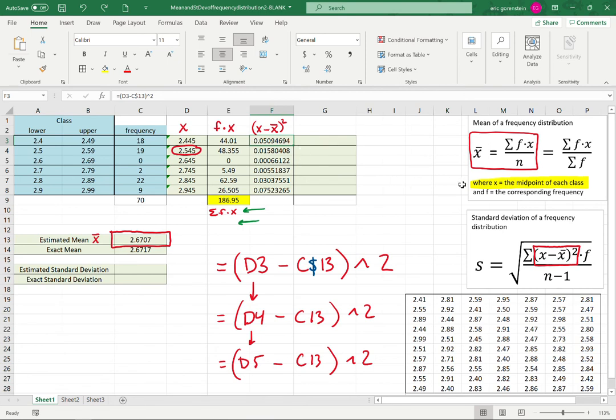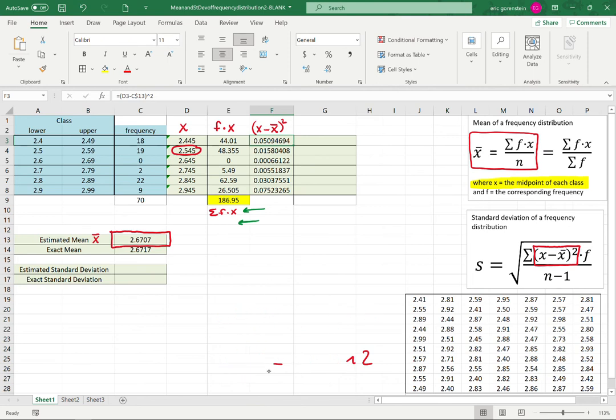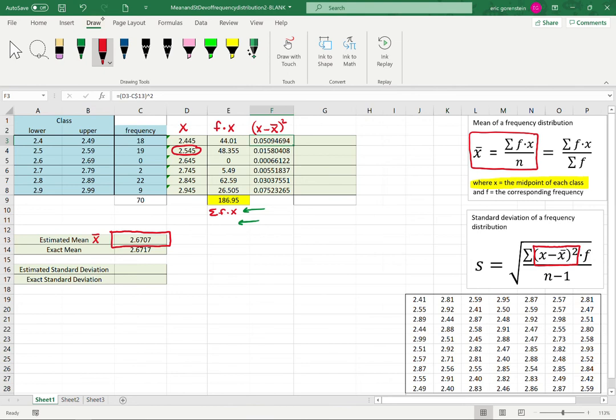All right, so now the second step. Now that we have x minus x bar squared, we have to take each one of those numbers and multiply by f, the frequency. So let's take column F, which is x minus x bar, quantity squared, and multiply that by the corresponding frequency.